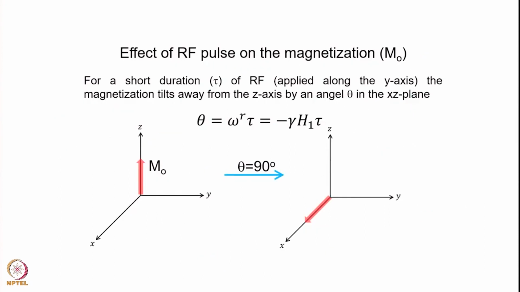So this is what is described here. If I apply the RF on the magnetization for a short time tau, then the magnetization covers an angle of theta, and that is called the flip angle. So this theta is called the flip angle, and if theta is equal to 90 degrees, then you have a 90 degree pulse, okay.